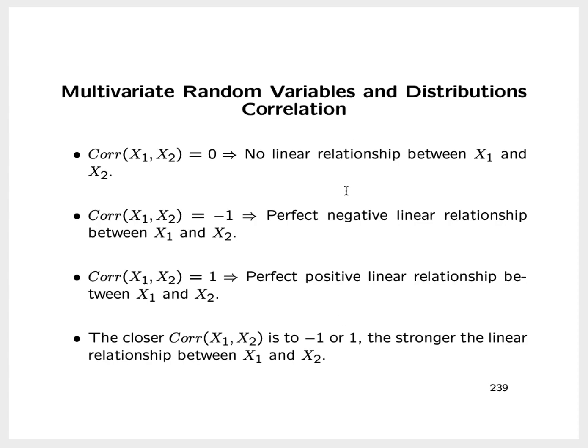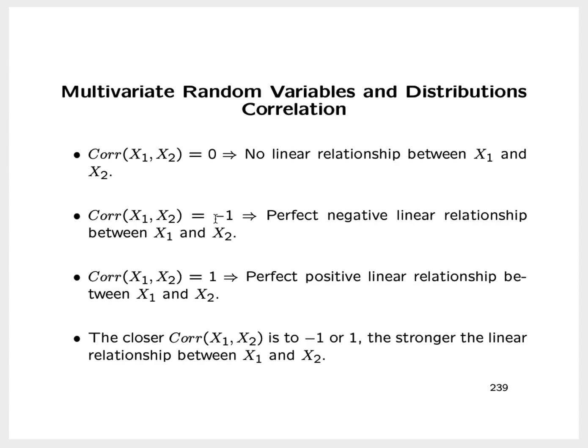You know it's wrong because correlations are always between -1 and +1. Now, how do we interpret the strength of the linear relationship? Well, if the correlation between two random variables is 0, what that implies is that there is no linear relationship between the two random variables. On the other hand, if the correlation is either -1 or +1, the two extremes, that means that there is a perfect deterministic linear relationship between the two variables, and the nature of the relationship, being either negative or positive, depends on the sign of the correlation.